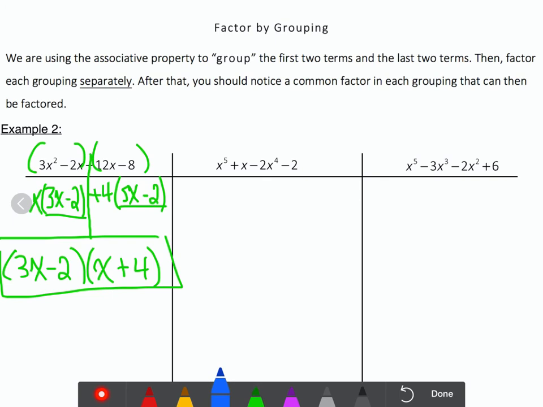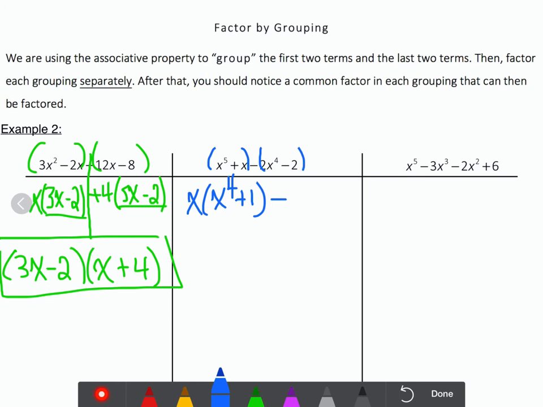Okay, next example. Again, if you don't like to draw the line down the middle, you can use a set of parentheses instead. First 2 terms, what is the greatest common factor? X, and we're left with x to the 4th plus 1. Minus sign comes down.